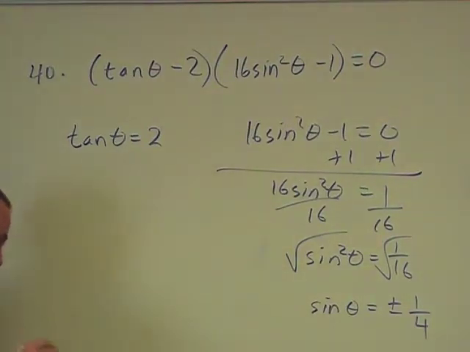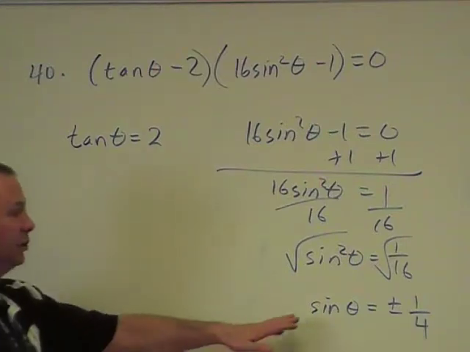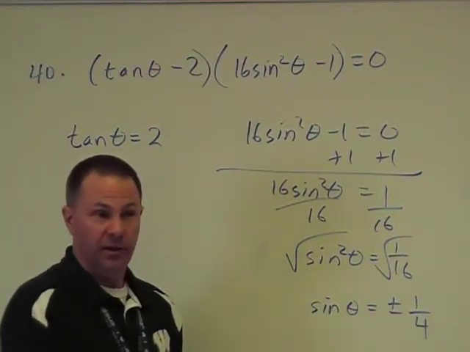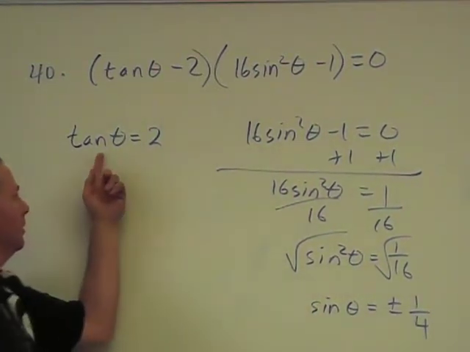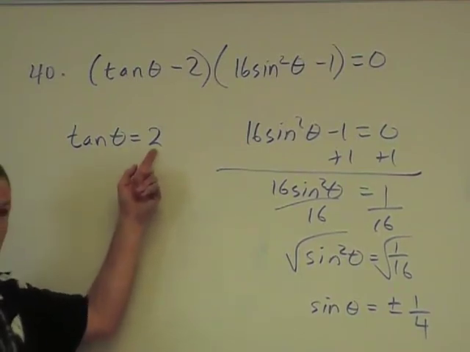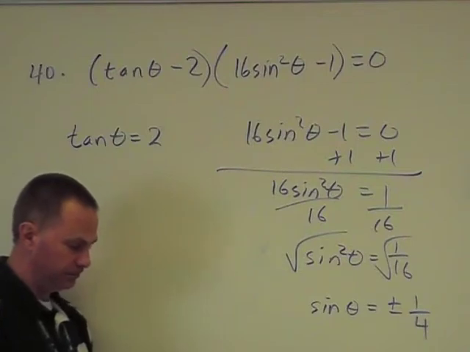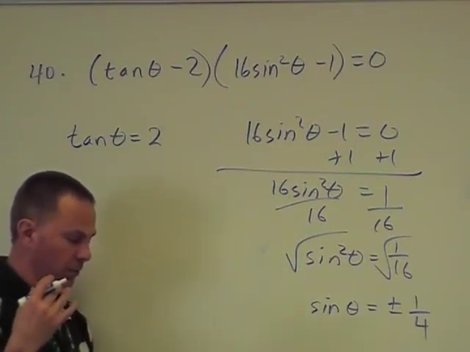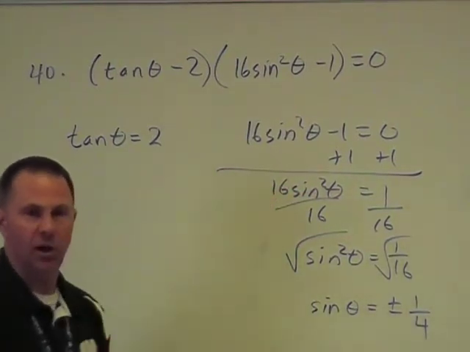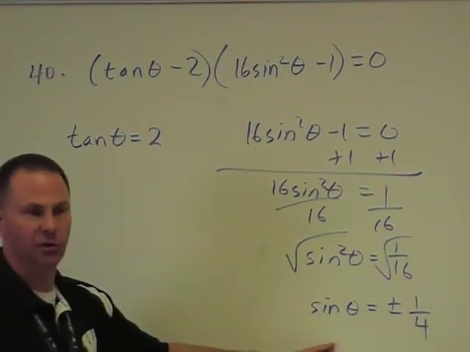The sine is no different than x or whatever. This is your y value. Where is the y? 1/4. Tangent theta is 2/1, y over x. But the whole point is that you have to use the arc tangent and the arc sine to get those values.